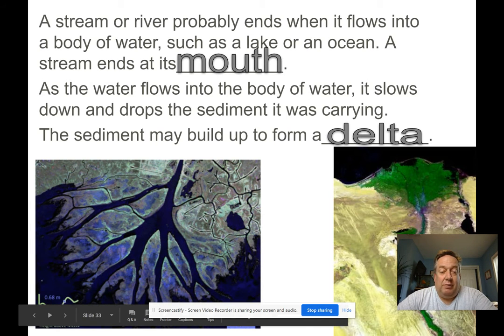So the faster the river is flowing, the bigger the pieces, the slower it's flowing, the smaller the pieces. And then when it slows way down, those pieces just drop right down to the bottom in something we call deposition. And it's going to make interesting little fan-like formations, which we call deltas.